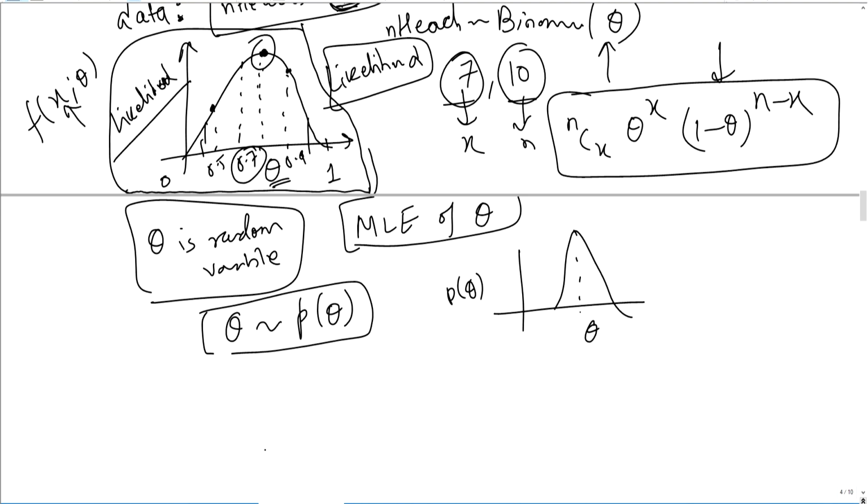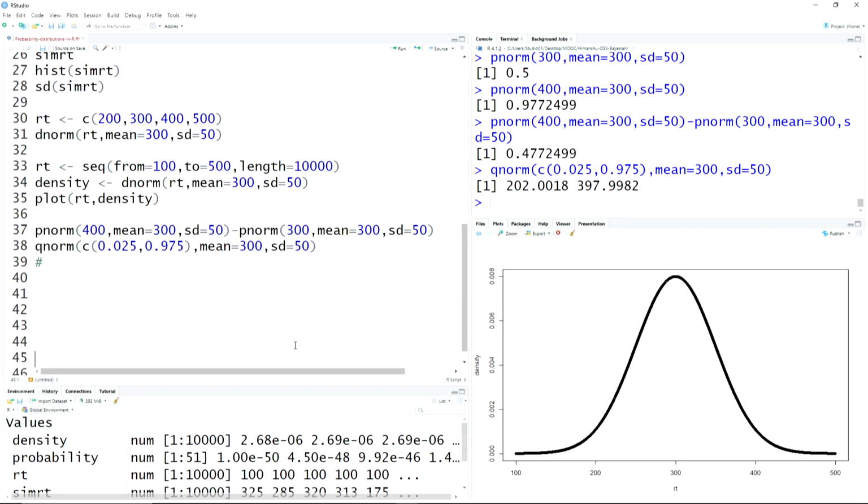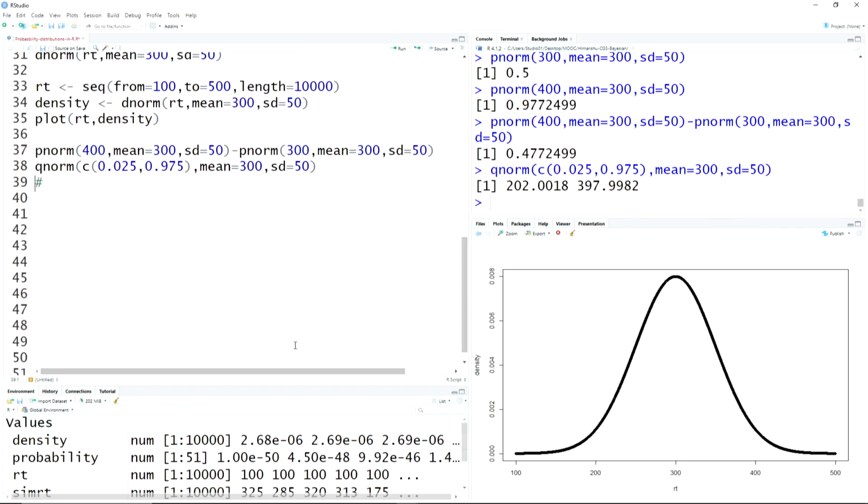Let us see how we draw a likelihood function in R. So, we can draw this function in R as well. Let us say you are doing this 10 coin toss experiment. X is a random variable which indicates the number of heads in a 10 coin toss experiment, right?